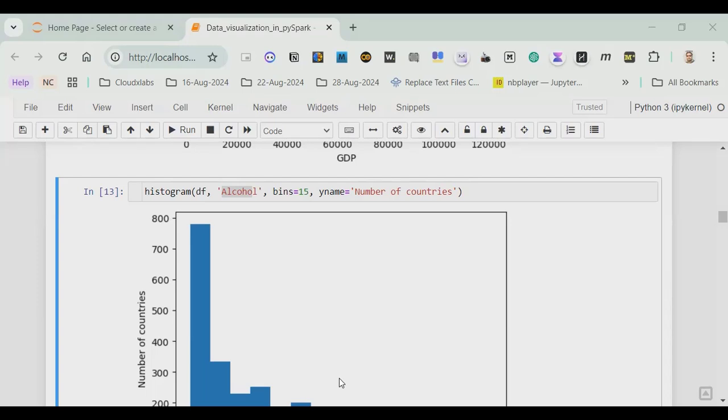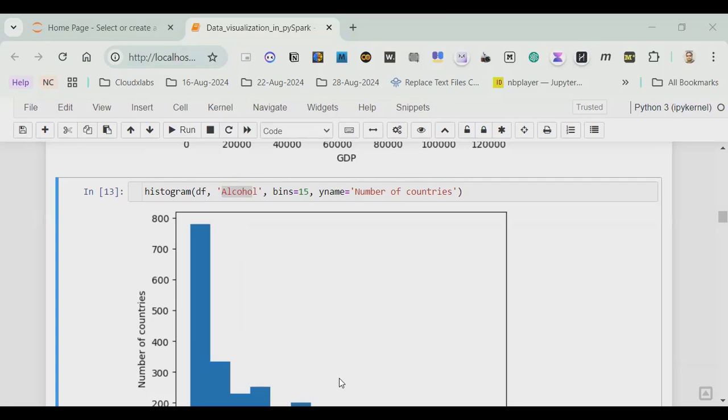First is histogram, second is the data frame, third is the GDP and bins. So DF refers to the data frame containing the data, which we know from earlier. GDP specifies the column in our data frame for which we want to create the histogram. Then after that we are using bins.